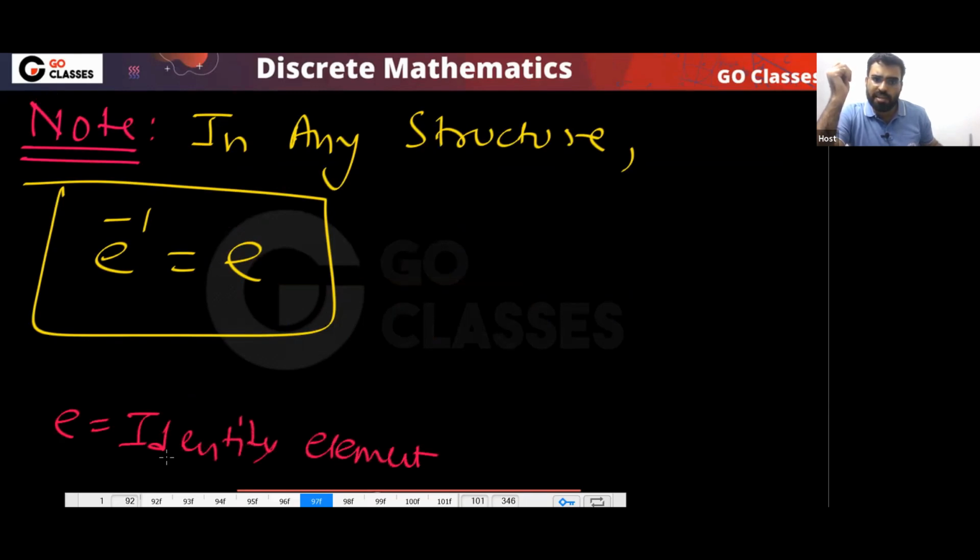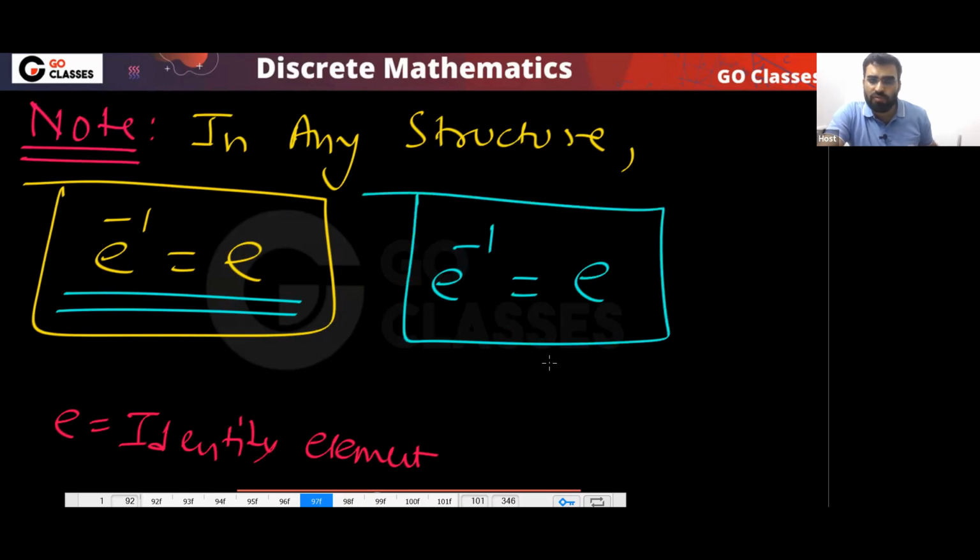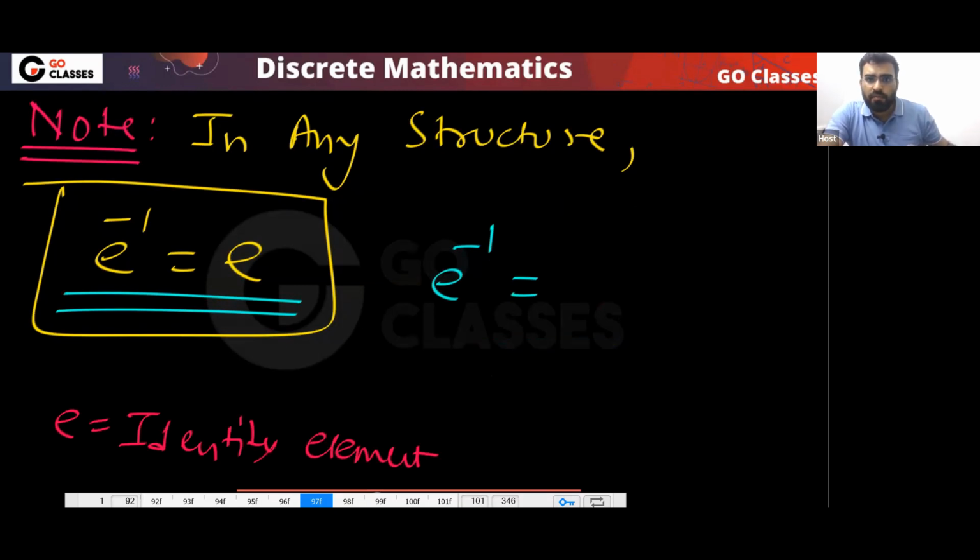The identity element's inverse can never be anything other than E. It will never be some other element.